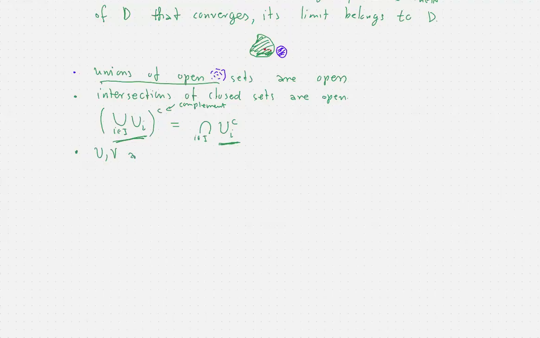And you can pretty much generalize this to any finite number of open sets. Same thing for closed sets. So if C comma D are closed, then their union is closed. And you can generalize this to finitely many closed sets, but not to arbitrarily many closed sets.